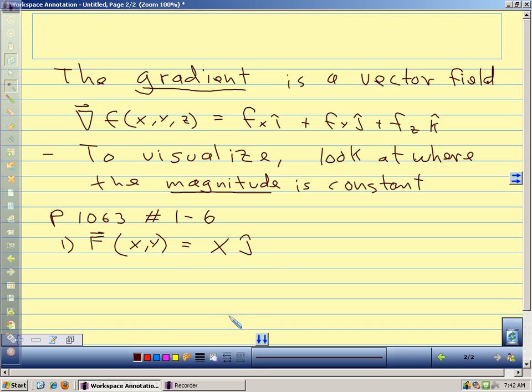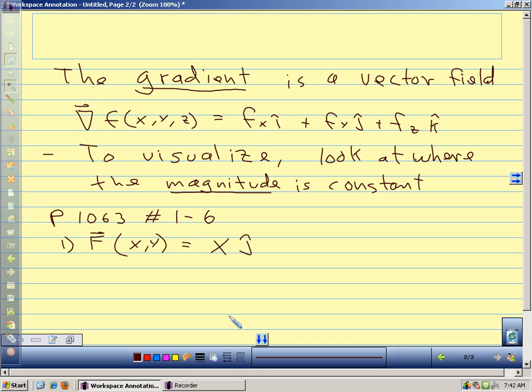So the first one, f of our vector value function is x in the j direction. If we think about this, think about where the magnitude is constant. Where is the magnitude of this vector going to be constant? When the x values are constant.